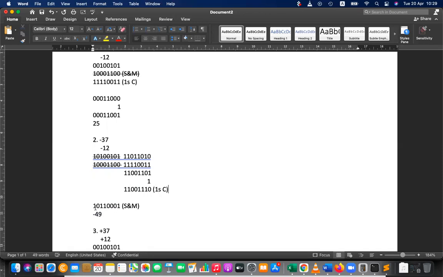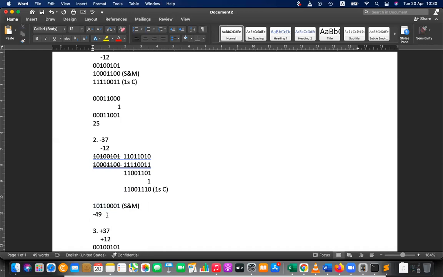Because sign and magnitude is what we can understand, the negative and the value. So this is the inverted one; you have to re-invert it and see it like sign and magnitude. That's why I said in the exam you may get sign and magnitude, because that is what we can understand.